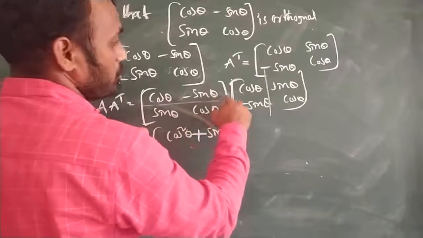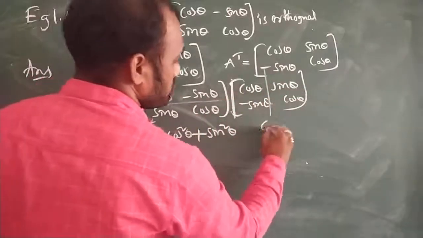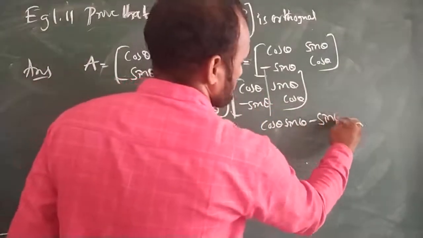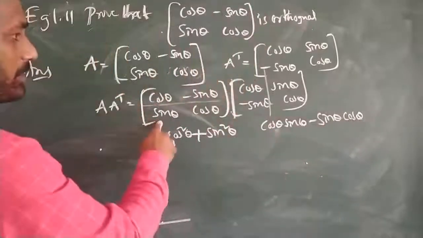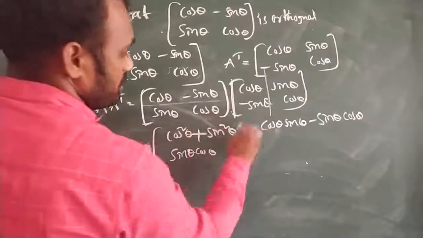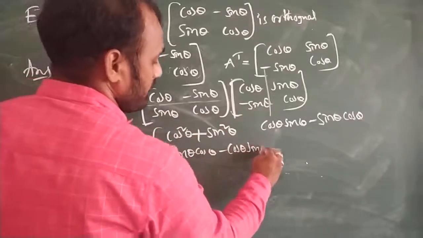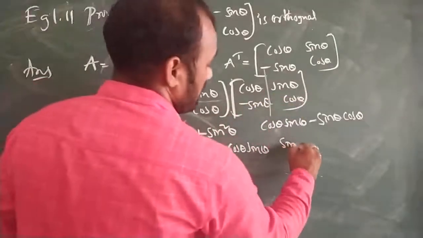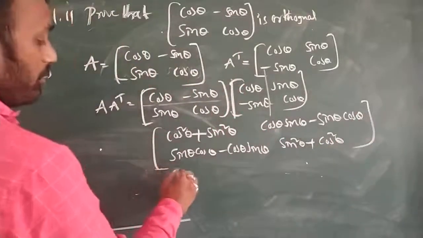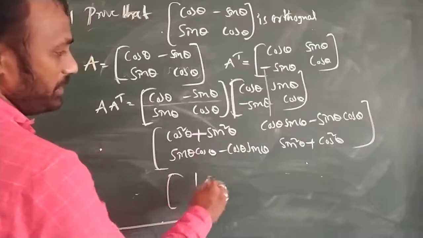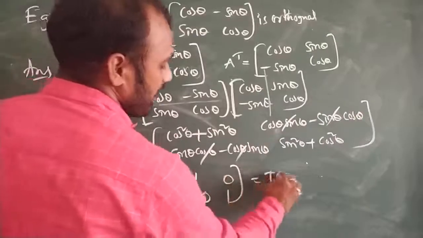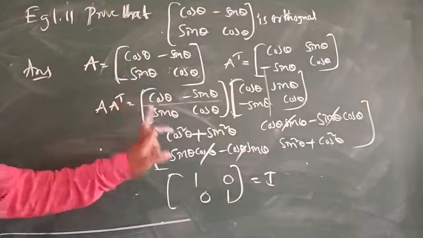Next, first row and second column: cos theta into sin theta, cos theta sin theta, plus into minus, minus sin theta cos theta. Then sin theta cos theta minus cos theta sin theta, and sin theta into sin theta, sin square theta plus cos square theta. Here cos square theta plus sin square theta is the identity 1. These two get cancelled, so it will be 0, 0, 1. So we got A into A transpose as I.